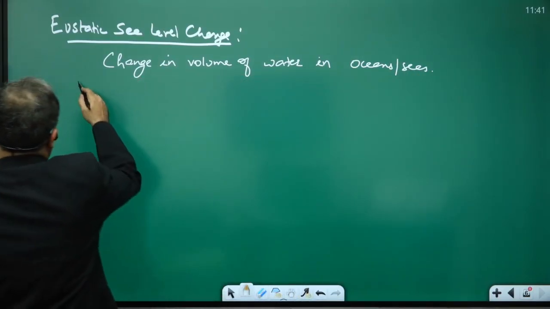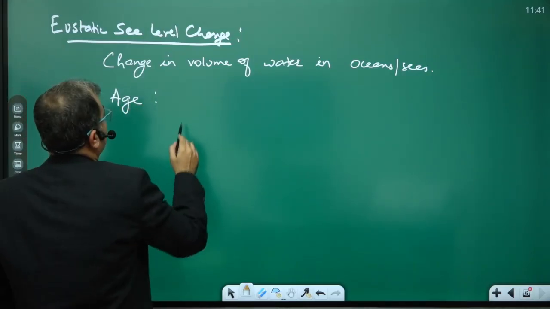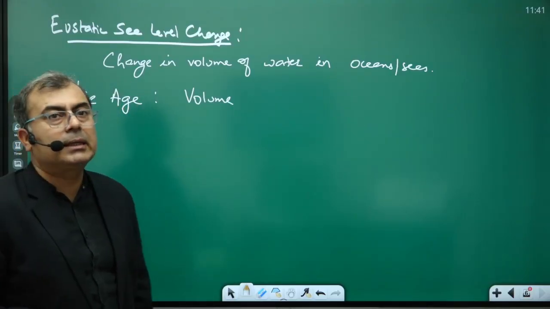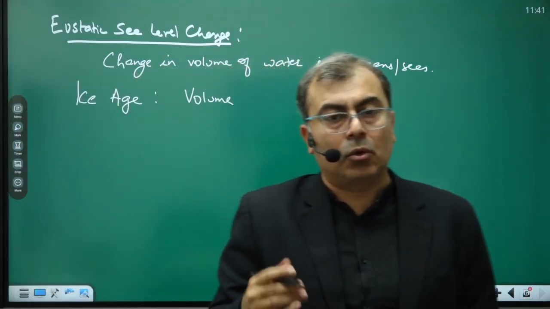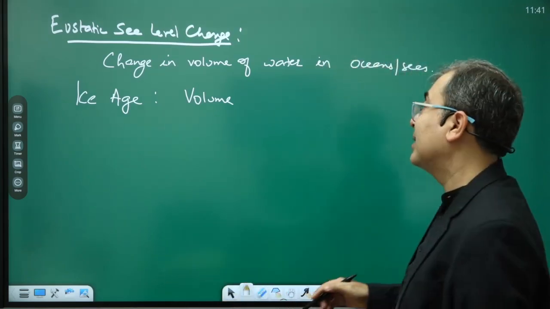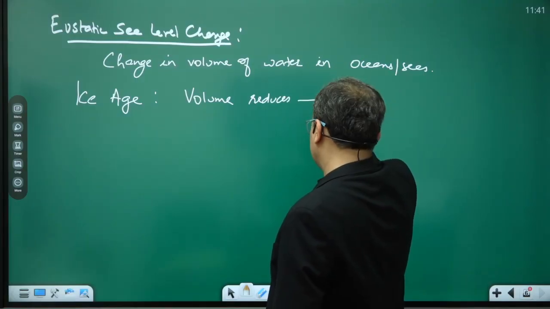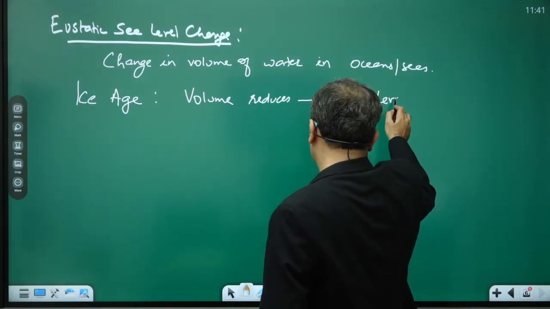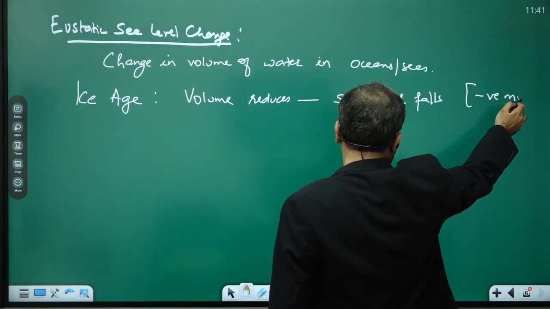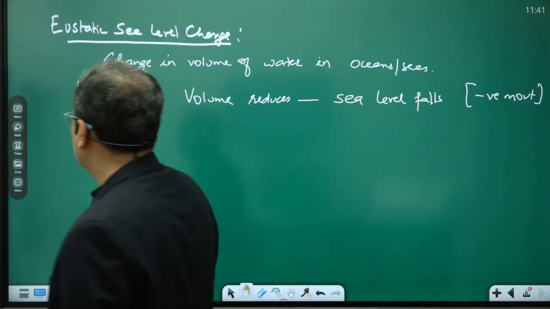Say for example, ice age. Volume reduces or increases. Oceanic water is converted into ice, so the volume reduces. Therefore, sea level falls. Can I say negative movement? Done.